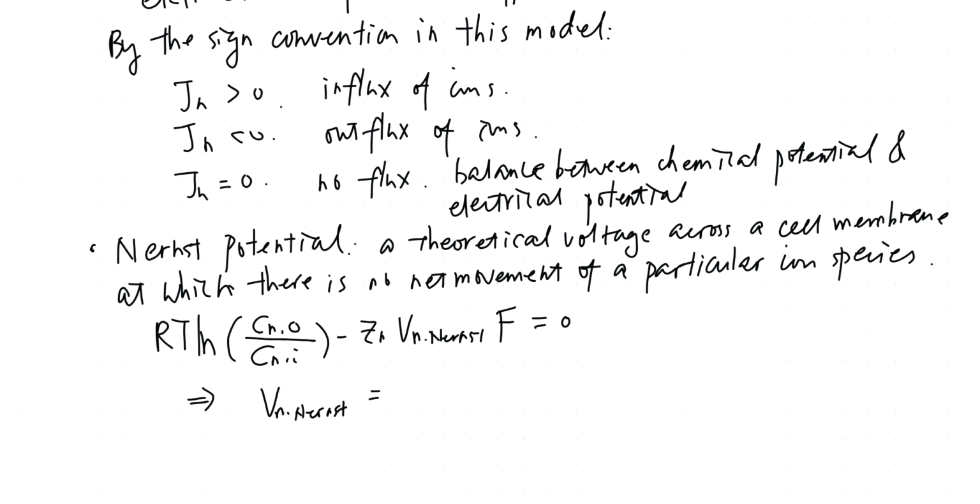You get V_n equals RT over z_n F times log of C_n out divided by C_n in. So the Nernst potential is species specific.